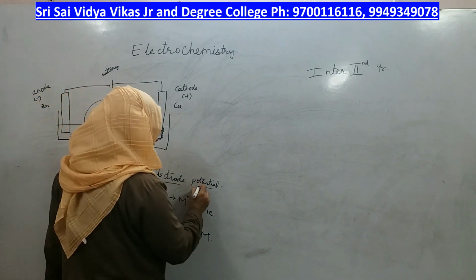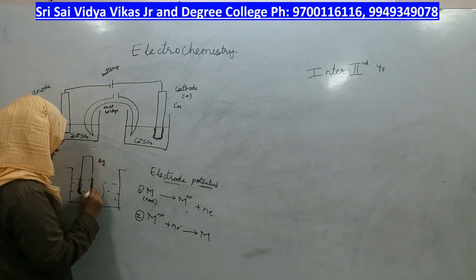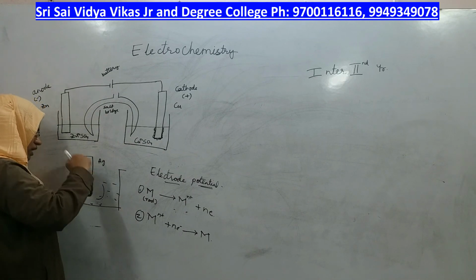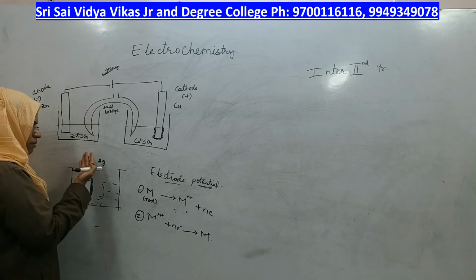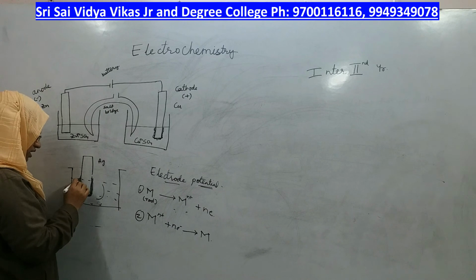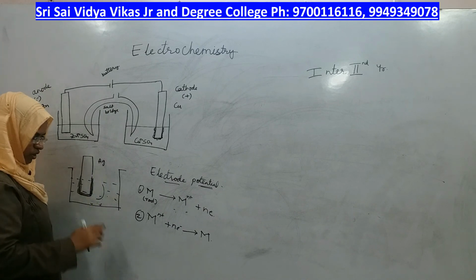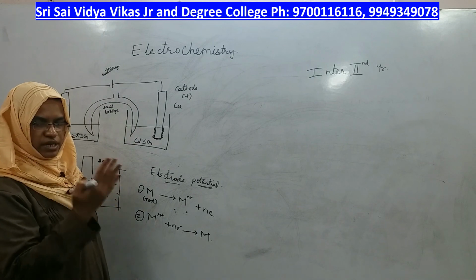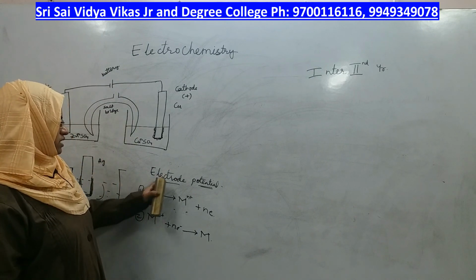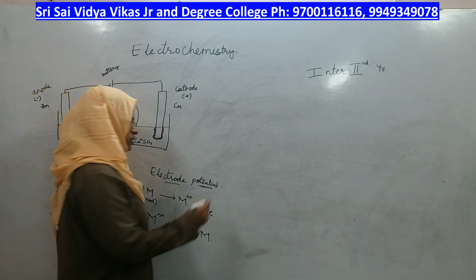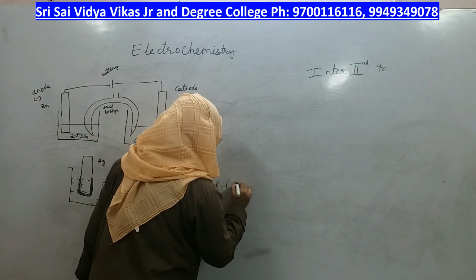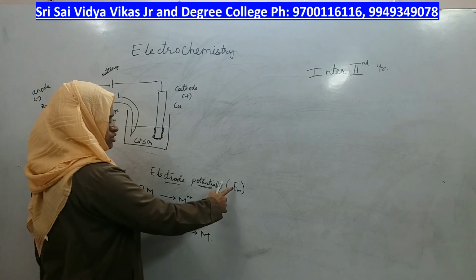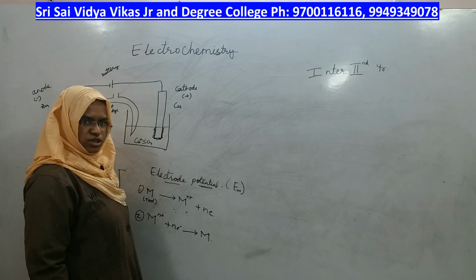That potential which is generated at the boundary of the metal, not inside, not at the top, not at the back, not anywhere, only at that point where it is in contact with the solution, a potential or a barrier or a layer will form, and that potential is called electrode potential. It is represented as E of the metal. E should be capital and the subscript metal should be written.